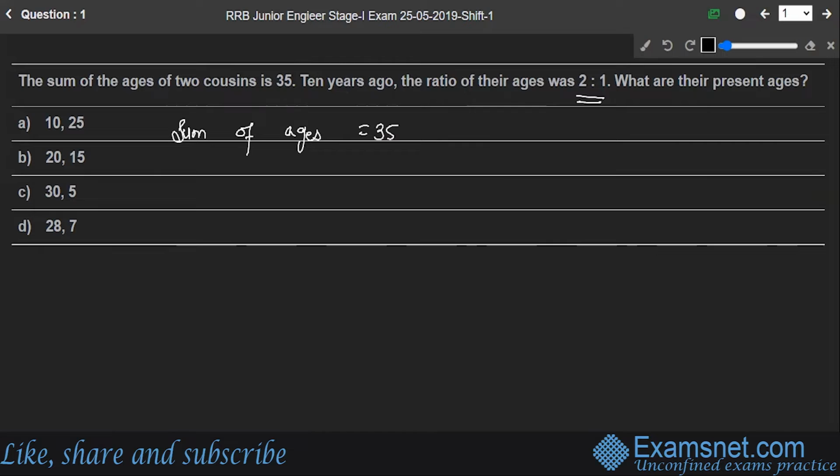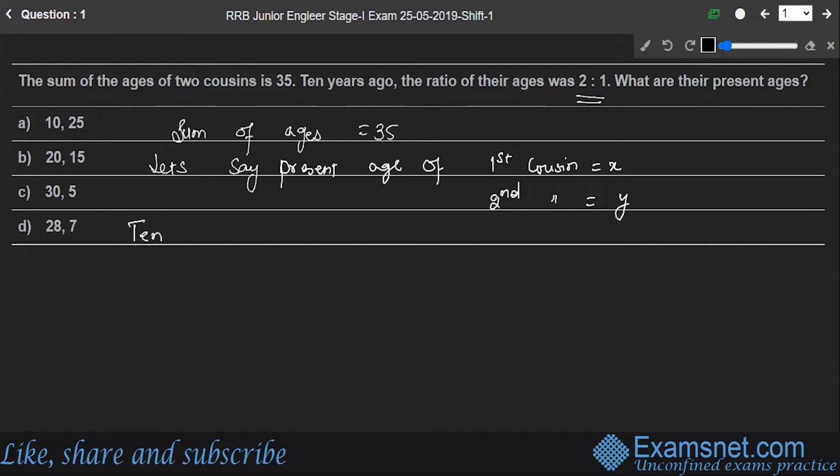So first of all, let's say the current age, or the present age, of the first cousin is x and the second cousin has the age y.